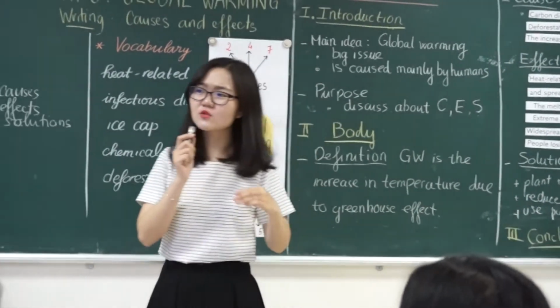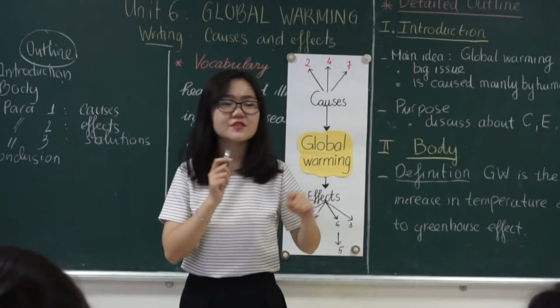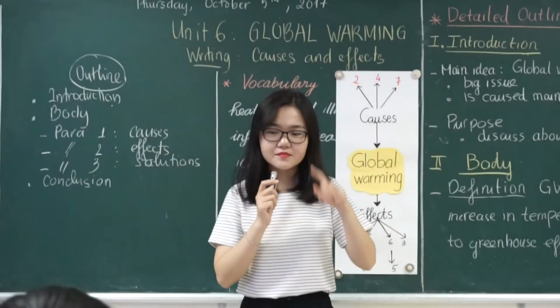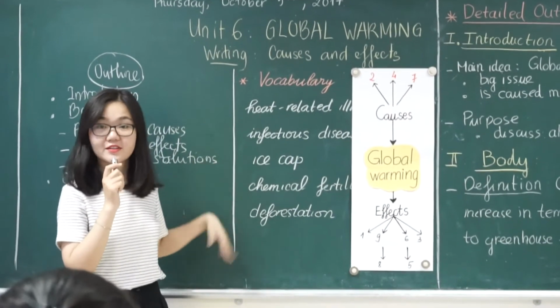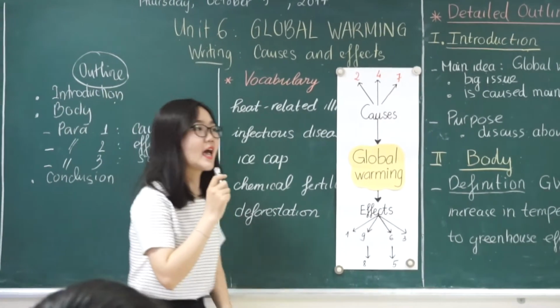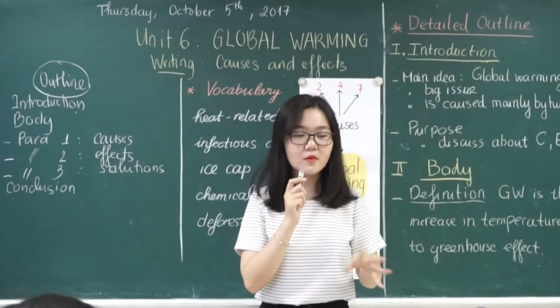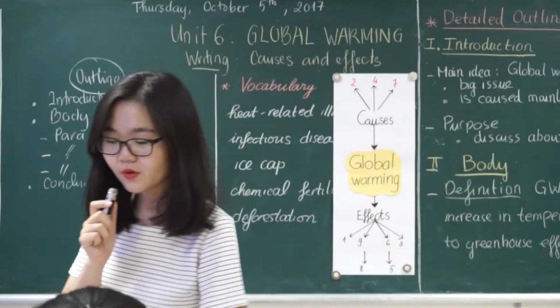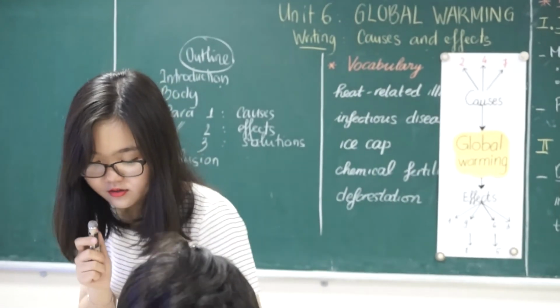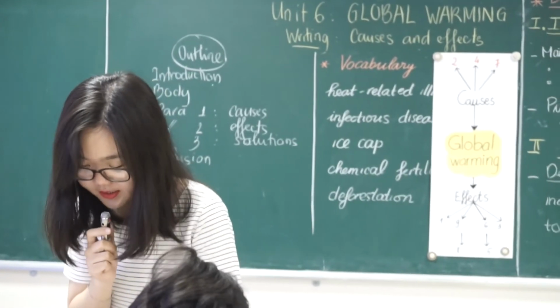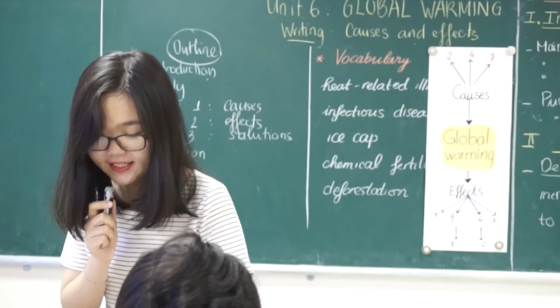And please write between 4 to 7 sentences. And then after that, you will come to the board and write your paragraph here. Is it clear? And before you start writing, I want you to take a look in your book at page 13. Yeah.